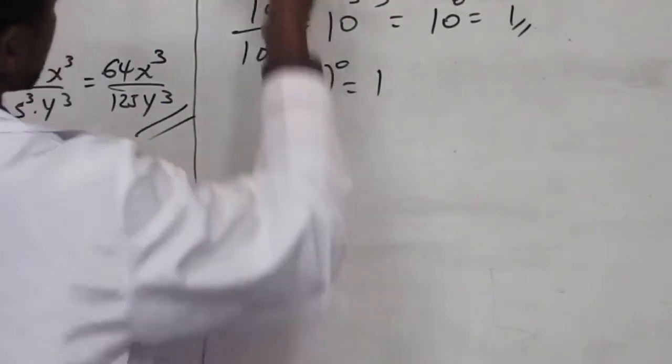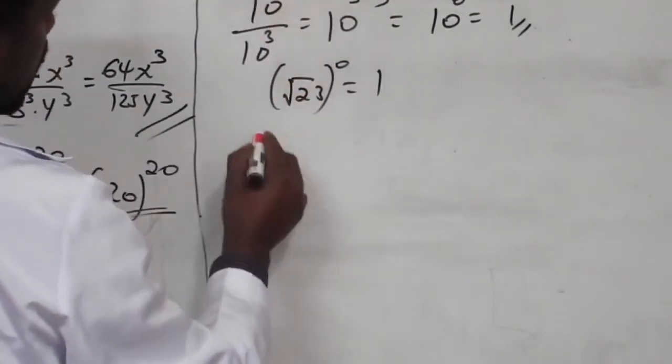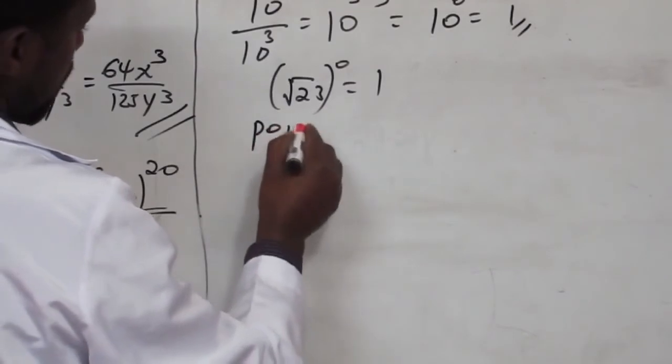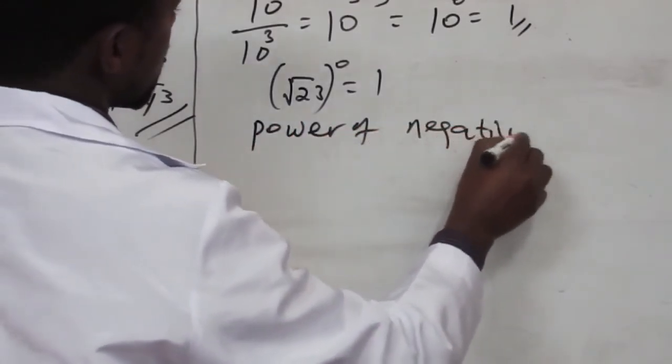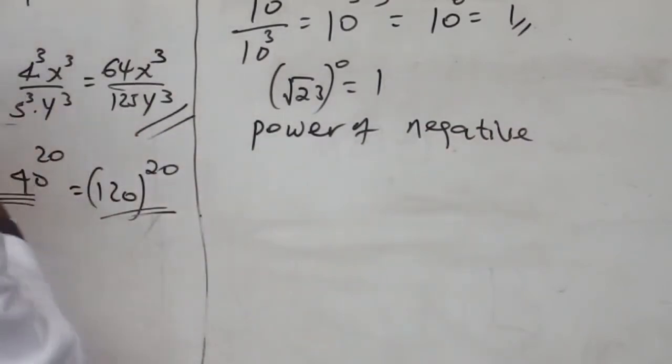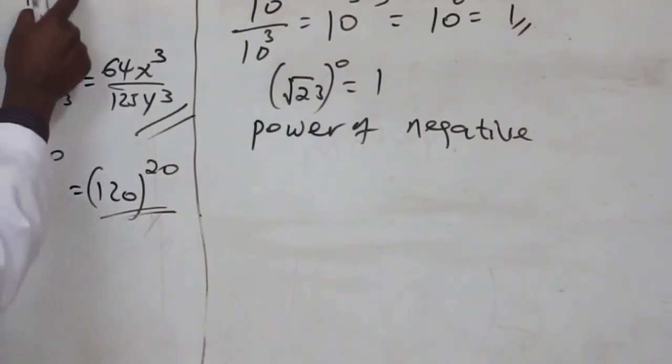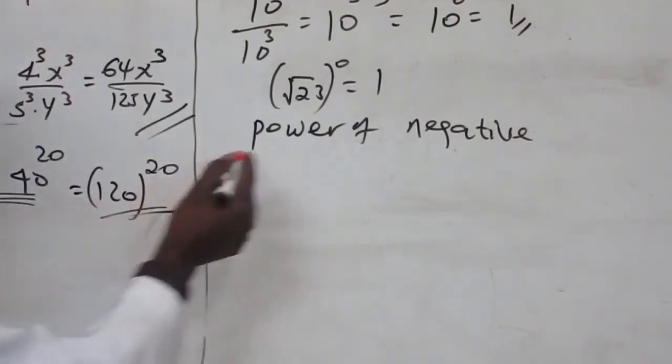After we have seen the power of zero, let us see the power of negative numbers. Previously we have seen that 10 to the power of 5 over 10 to the power of 7 is equivalent to 10 to the power of 5 minus 7, which is 10 to the power of negative 2. What does it mean? We have to answer such kind of questions.